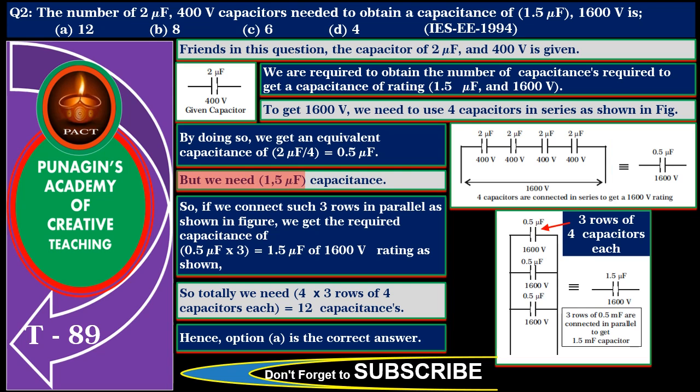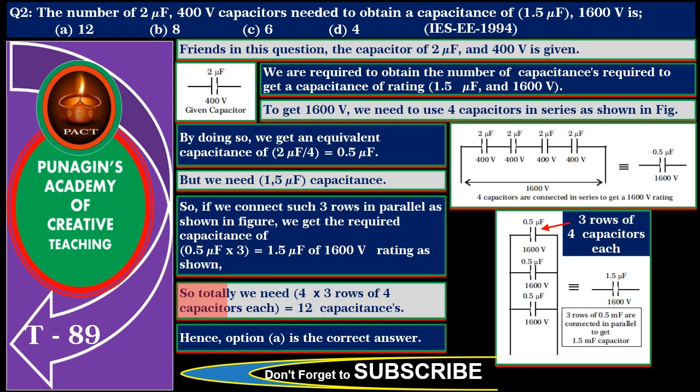But we need 1.5 microfarad capacitance. So, if we connect such 3 rows in parallel as seen in figure, we get the required capacitance of 0.5 microfarad into 3 equal to 1.5 microfarads of 1600 volts rating as shown.